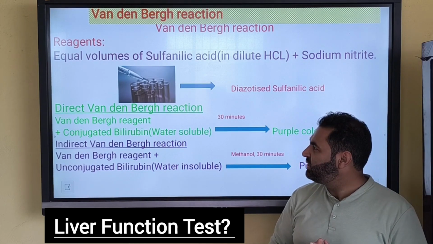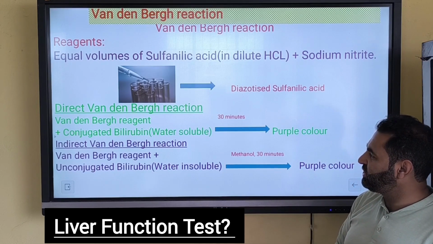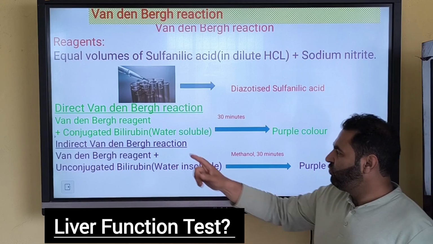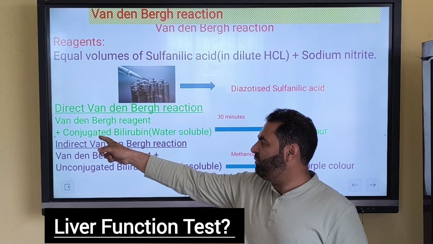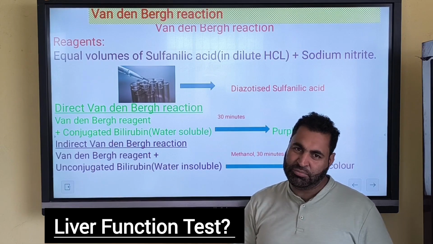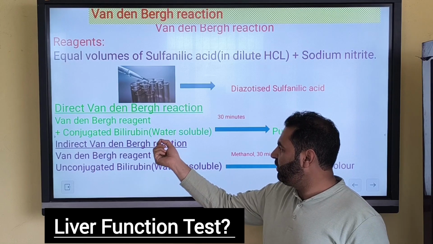Then we have the direct Van den Bergh reaction. Here we add Van den Bergh reagent to conjugated bilirubin. Conjugated bilirubin, as I told you earlier, is water soluble.